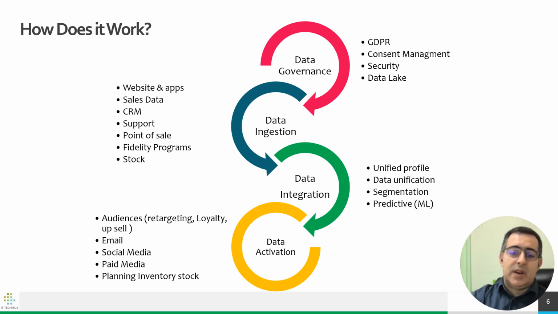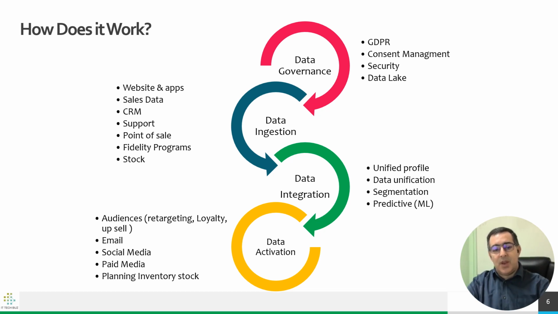Next step, data ingestion. You can do it step by step, but the main points are always listed here. Website and apps with GA4, that's our topic for today. Sales data is very important to have tied together as well. CRM systems as well, because this can be a very important thing.